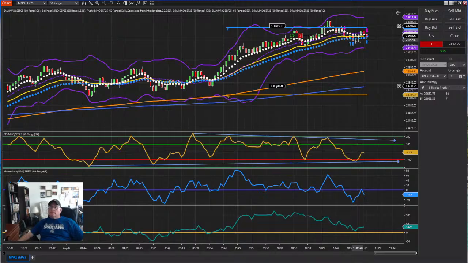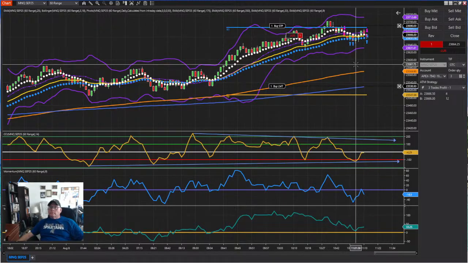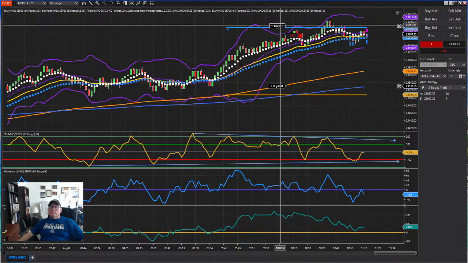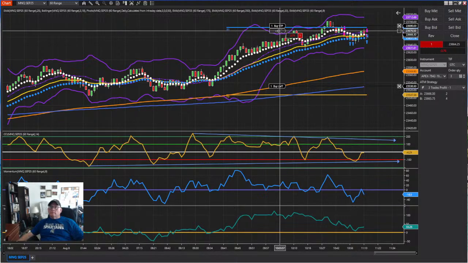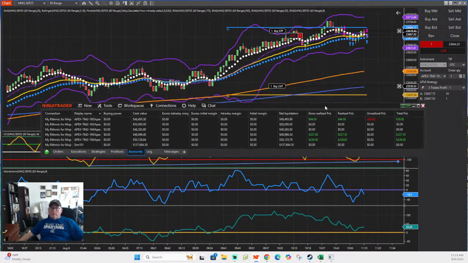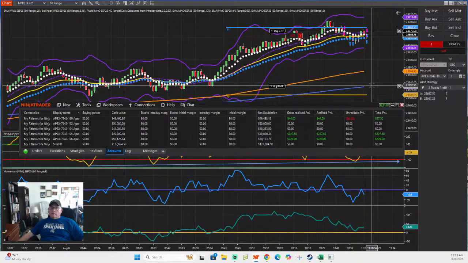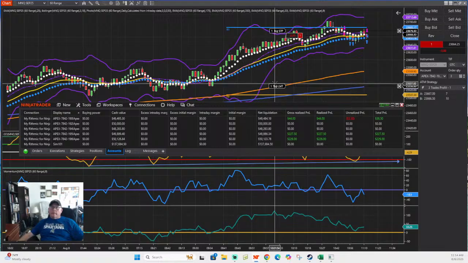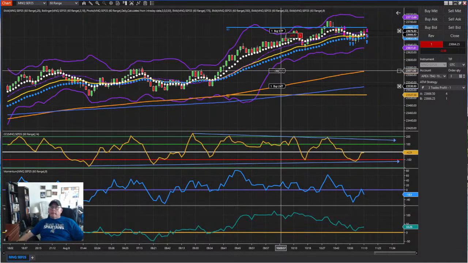Stop filled. We'll use that right there as our exit point. This is our profit loss that we got going right now. And we'll use that as our profit target right there.